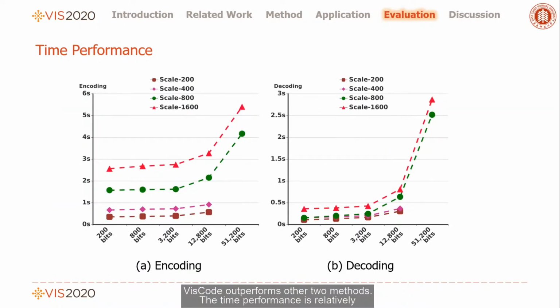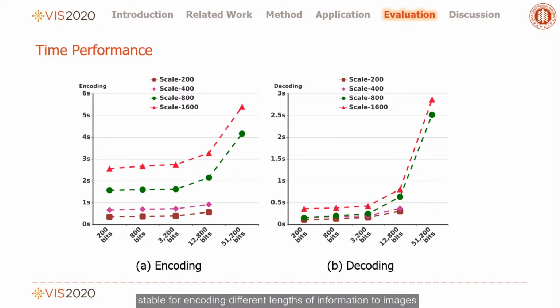The time performance is relatively stable for encoding different lengths of information to images with the same resolution. The leading cause of different time performance between images with diverse resolutions is the calculation of the visual importance map and the embedding region proposals.